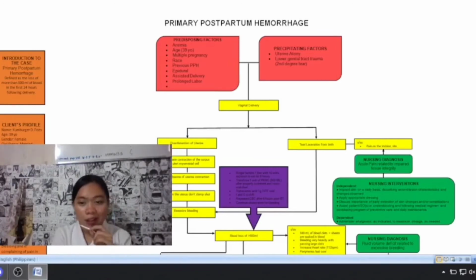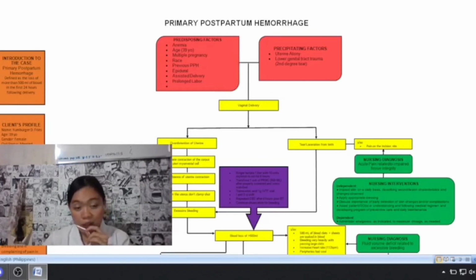Assess and record the type and amount of bleeding by monitoring perineal pads used every hour and assess the type of lochia, to know the amount of blood loss. Assess color, odor, consistency, and amount of vaginal bleeding. This gives information about the active bleeding.